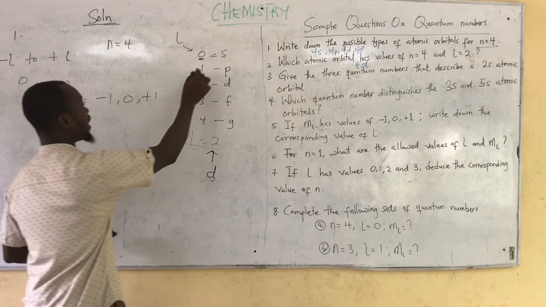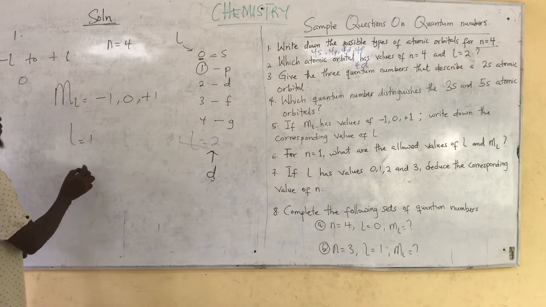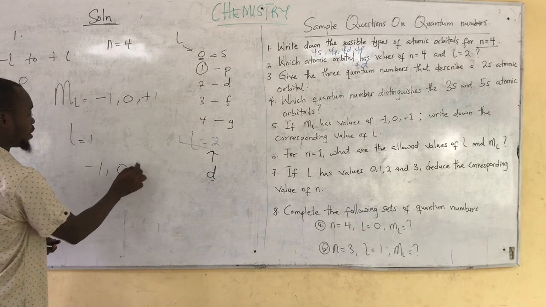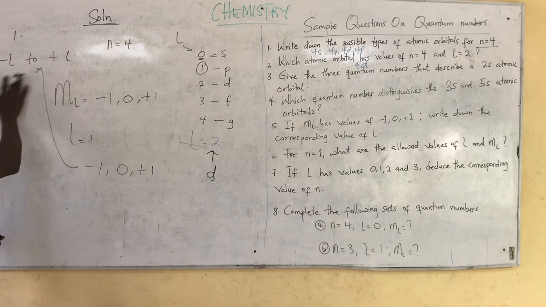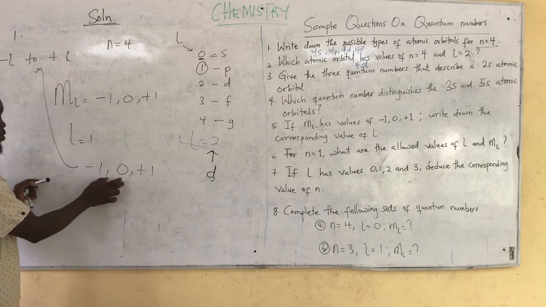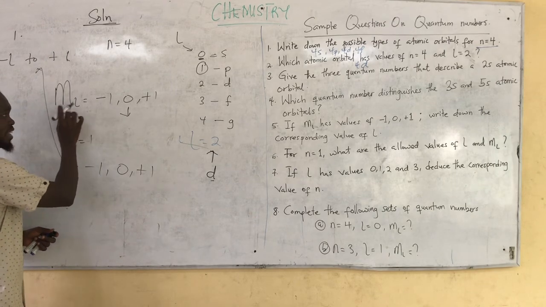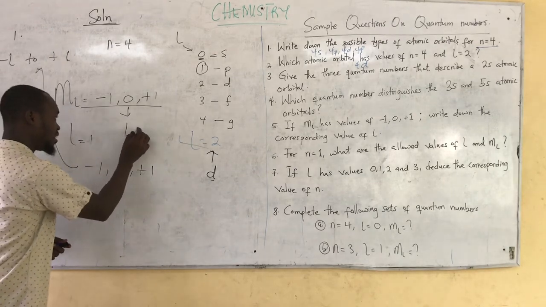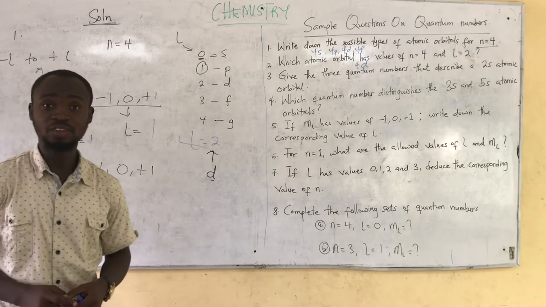That is L equal to 1. Because if L is equal to 1, that is where we can have ML values of -1, 0, and then +1. And that is coming from the value range -L to +L. So if L is 1, we can get -1, 0, and then +1. So the L value that corresponds to these ML values is L equal to 1. And that is the answer for question 5 as well.